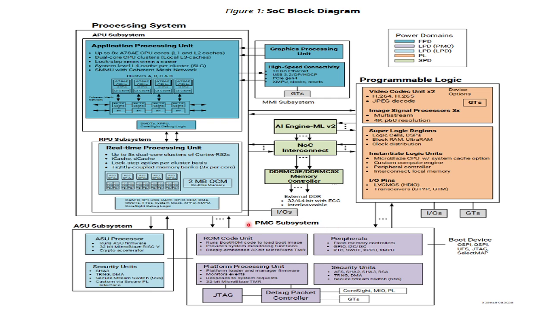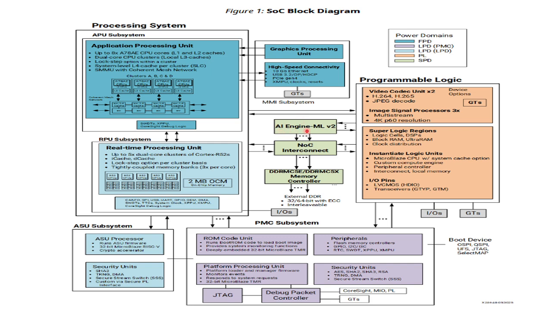The third chapter was the PMC subsystem, and we see that JTAG is inside the PMC subsystem, debug packet controller, again GTs. So we have GTs here, here, and here. For all three significant sections we have GTs, and we have to check it.